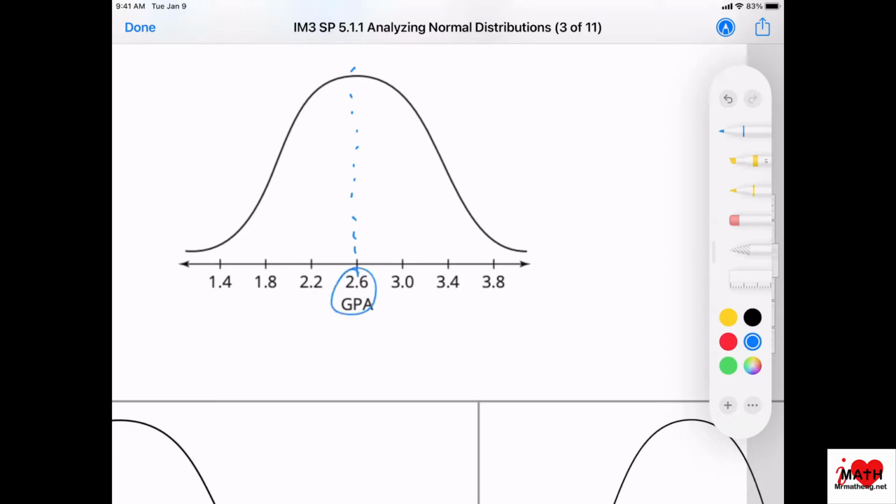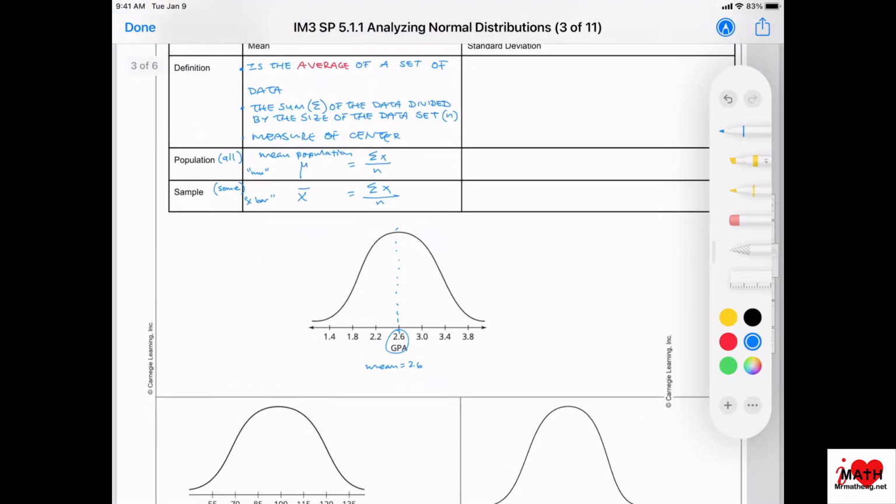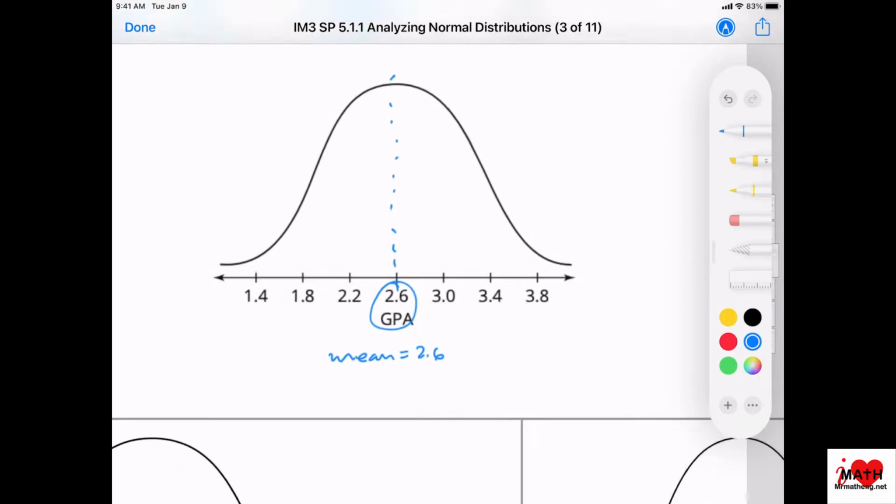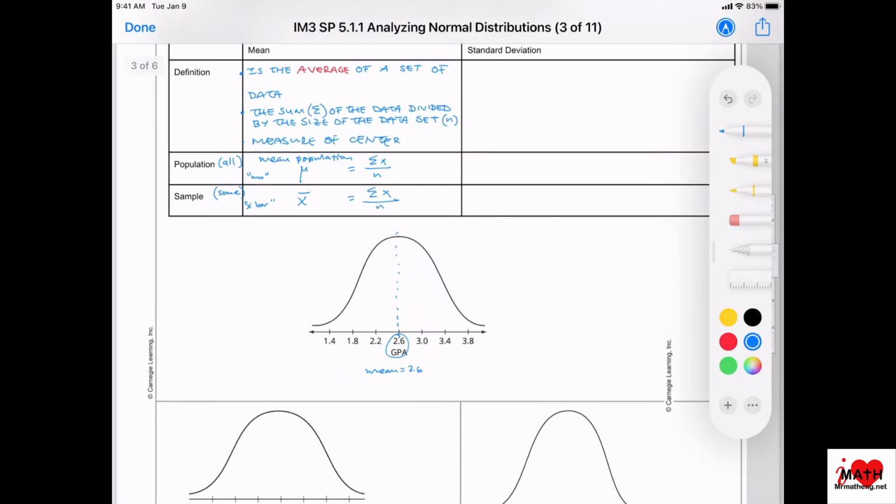Well, here is our mean. Now, we're not sure if this represents the population or a sample, so we're just going to call this the mean is 2.6. Okay? So in this case, some more advanced knowledge is that mean is equal to the median. That's why it's normal, symmetrical, bell curved.